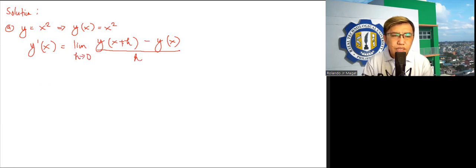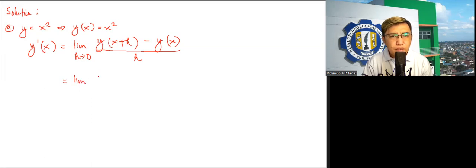Take note that the domain of the first term is x plus h, and the domain of the second term is x. So what we're going to do is just plug in to the original function, which is y of x equals x squared.